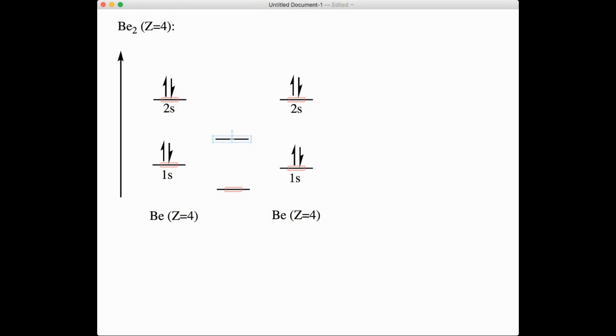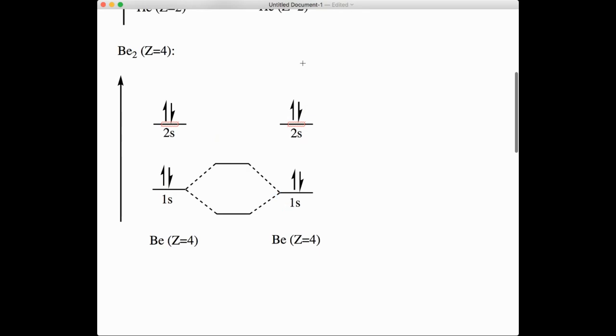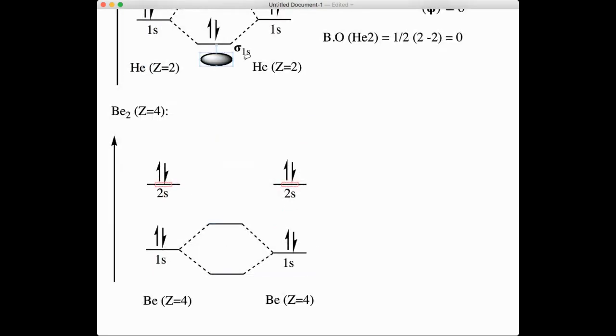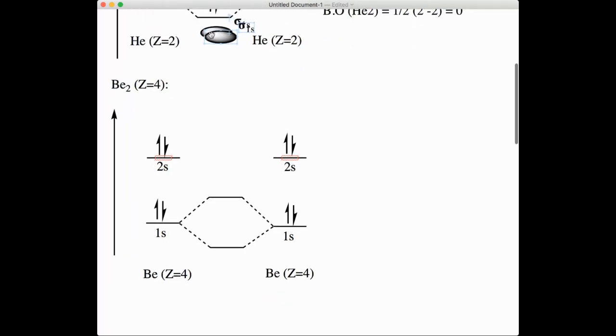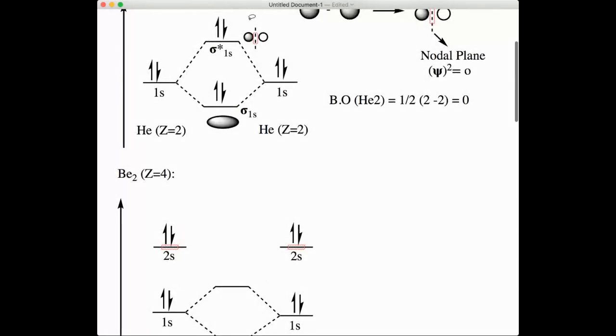Okay? So I'm going to complete my diagram here. Similarly as before, the in-phase combination leads to a sigma bonding molecular orbital, and the out-of-phase combination leads to a sigma antibonding molecular orbital.